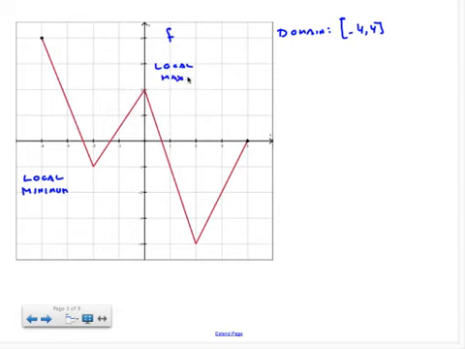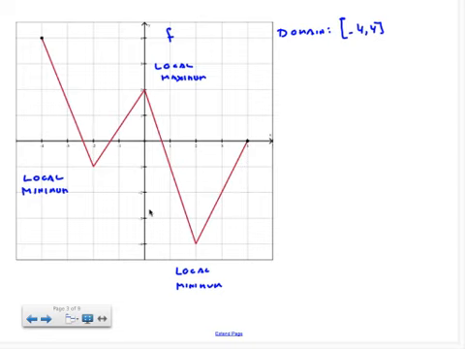In a neighborhood of x equals 0, that point has the highest y value. This point here at (2, -4) is also a local minimum because in a neighborhood of x equals 2, that point has the smallest y value. Now, those are local extrema.